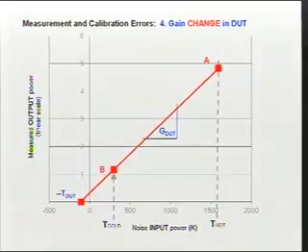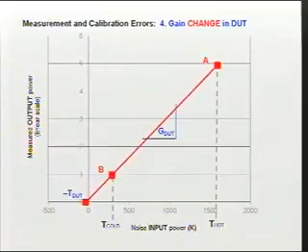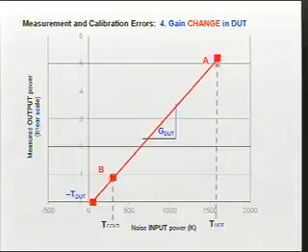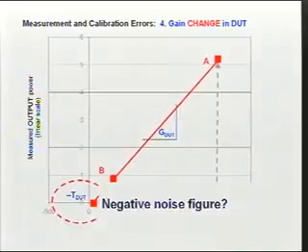Okay. That one, TDUT, is apparently getting bigger. Okay. That's the correct value. It's getting smaller. There is absolutely nothing to stop that happening. And then we're in big trouble down there because we seem to have a negative noise figure.